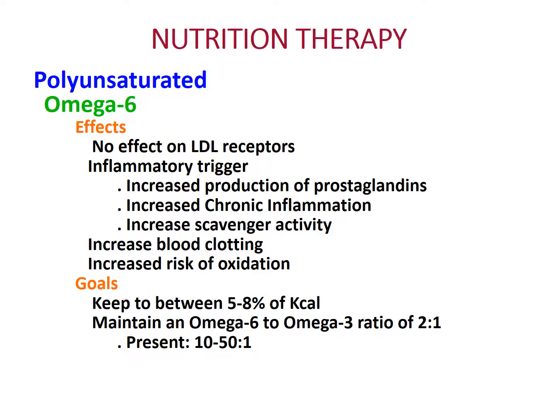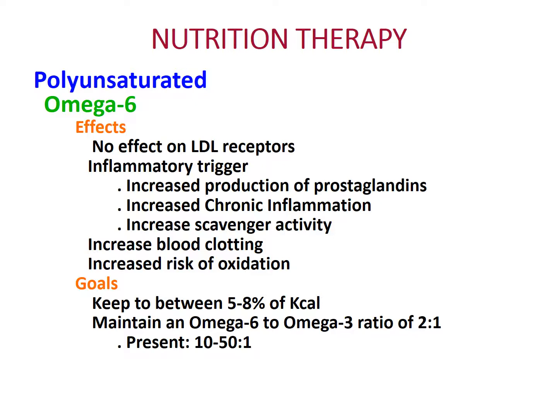They increase chronic inflammation; they're basically considered pro-inflammatory. Therefore, they're going to increase the scavenger activity because of their increase in inflammation. They do increase blood clotting. And because they have multiple double bonds, they have an increased risk of oxidation. So omega-6s are not considered heart-friendly.